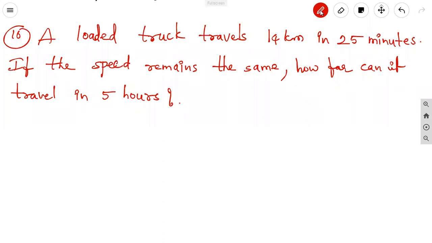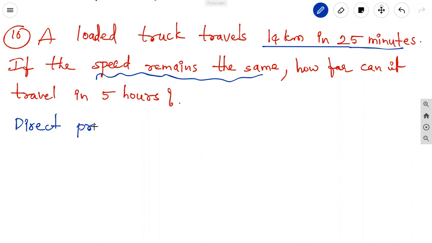10th problem. A loaded truck travels 14 kilometers in 25 minutes. The speed remains the same. When the speed is the same, the distance covered and time are directly proportional. If the speed is different, that is inversely. If the speed is the same, distance and time are both directly proportional only.